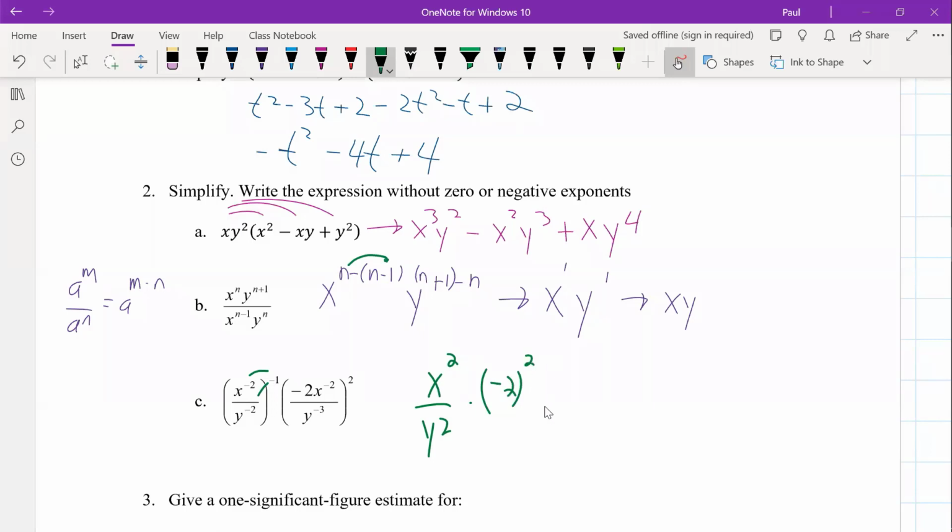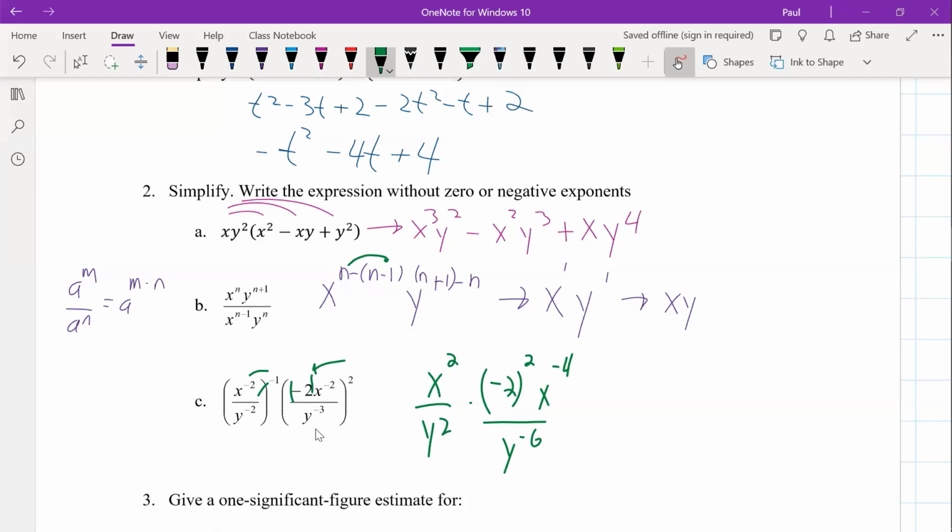Don't forget to square the negative 2. Is that a negative? That is not a negative. Okay. x to the negative fourth over y to the negative. Don't forget to square the -2 as well, right? Everybody gets squared, even that. Yes, really, all the factors get squared.